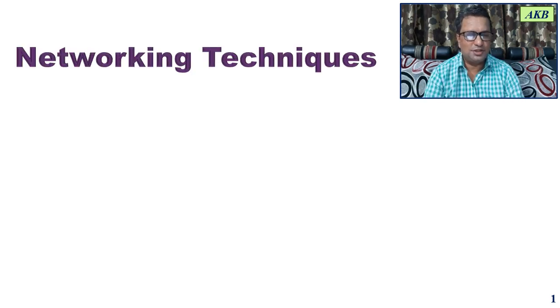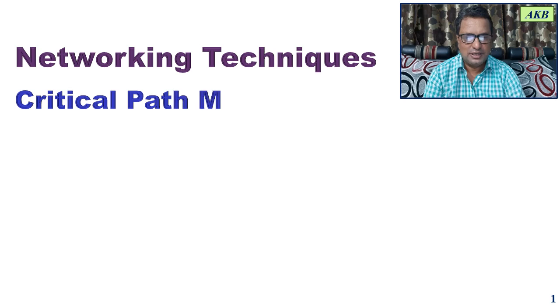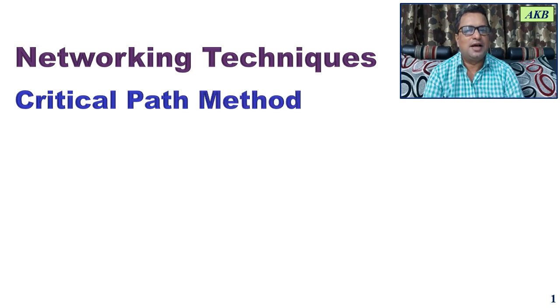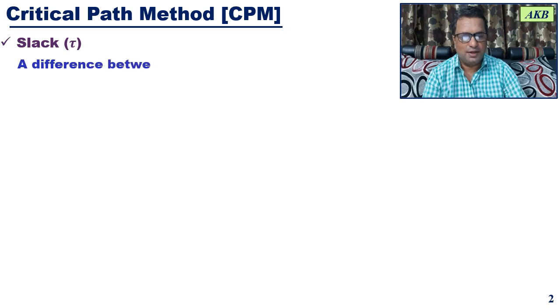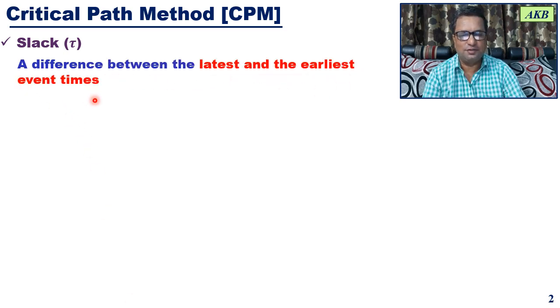So the discussion is on networking techniques, and I'll be talking about critical path method. As I said, we are going to understand two different terms. One is slack, which we are going to denote by tau. How is it defined? It is simply defined as the difference between latest and earliest event times.